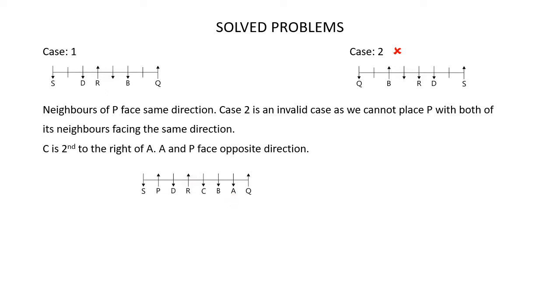Then second to the right of A will be C. It's also given that A and P face opposite direction. So now we know that A is facing south. So obviously P will be facing north. So this is the final arrangement for the positions of A, B, C, D, P, Q, R and S.